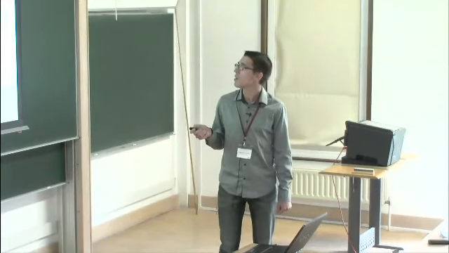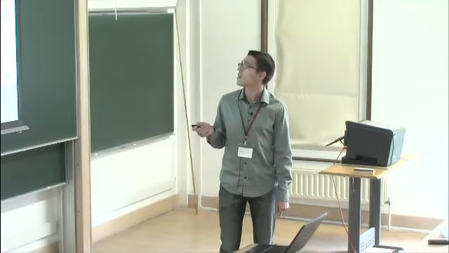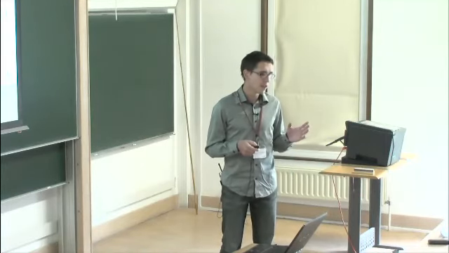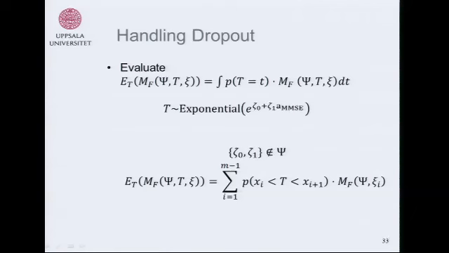So therefore we can simply replace this integral by a sum, and what we basically do is we calculate what percentage of individuals has 6 samples, 4 samples, 3 samples, or 2 samples, and we add them up. So we scale down the information according to the dropout.